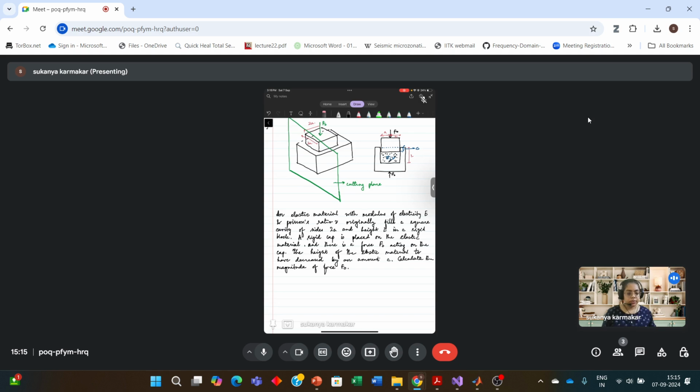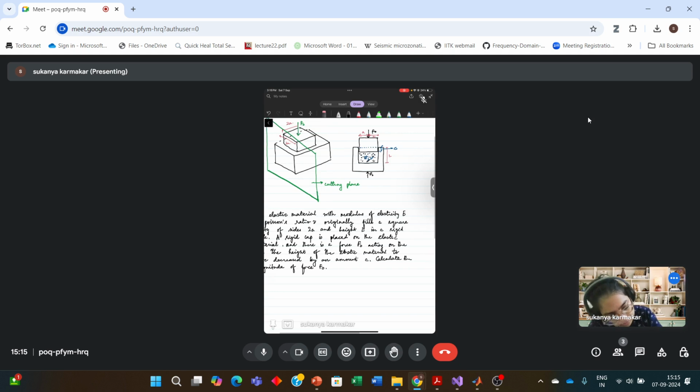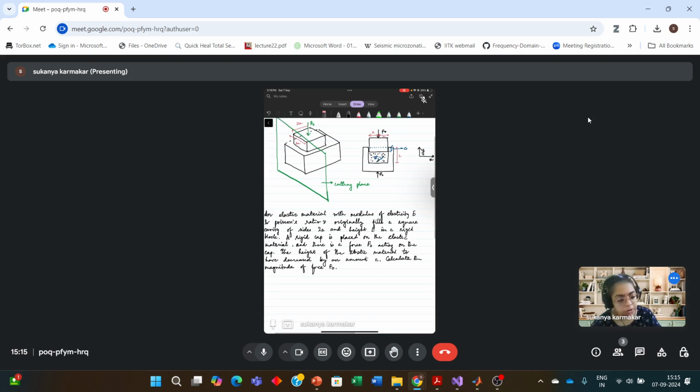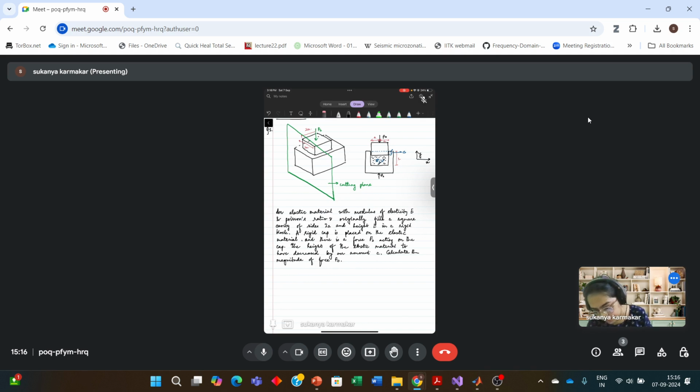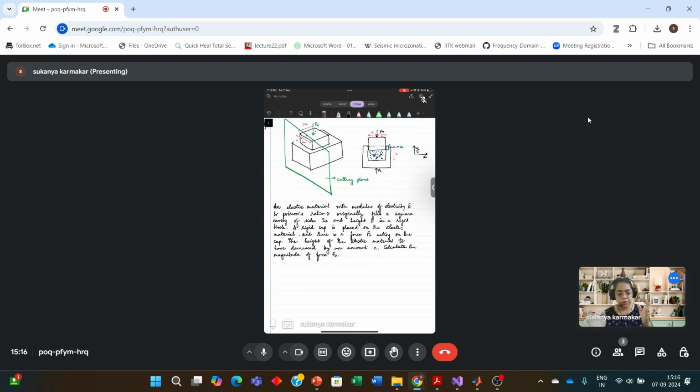So, as we can see in this cross section, let's consider this direction to be Y, this direction to be X. The material which is present in the cavity can deform in the Y direction. But there is no deformation in the x or the z direction.